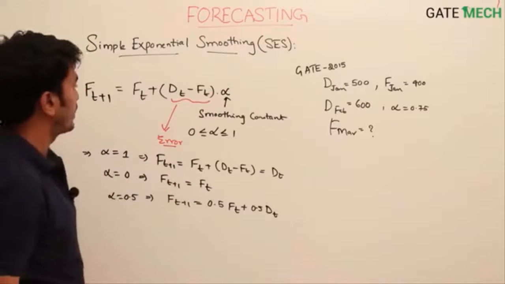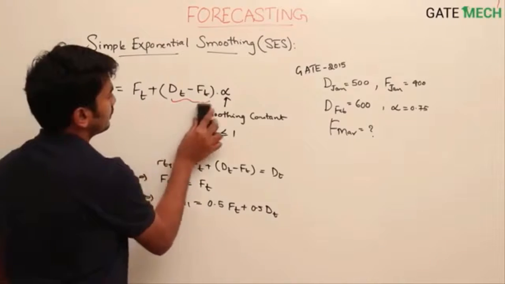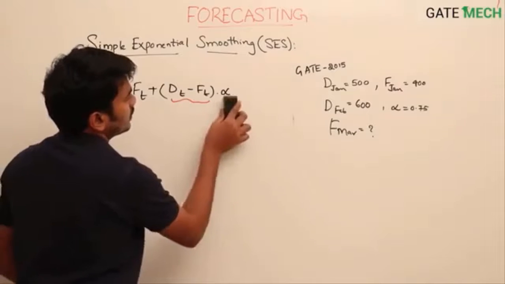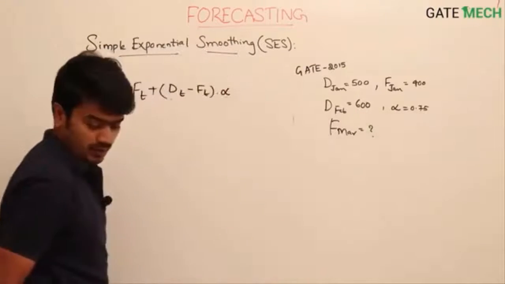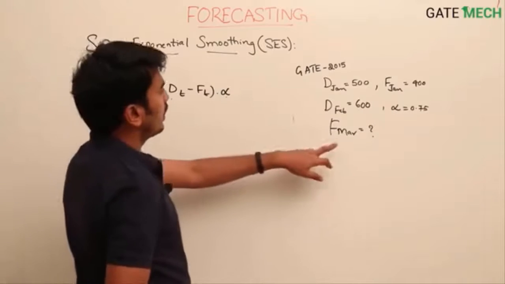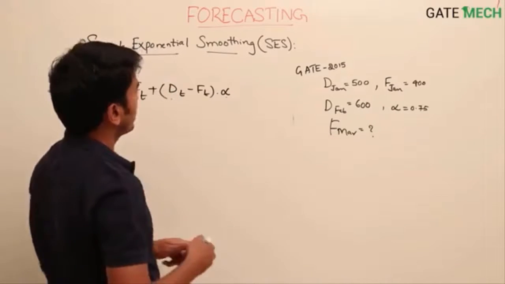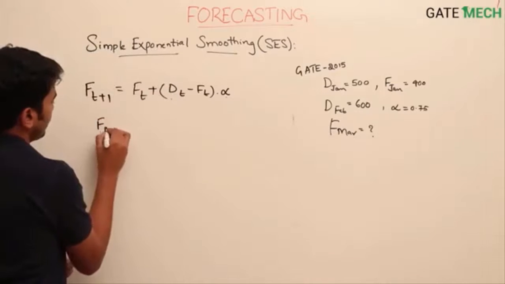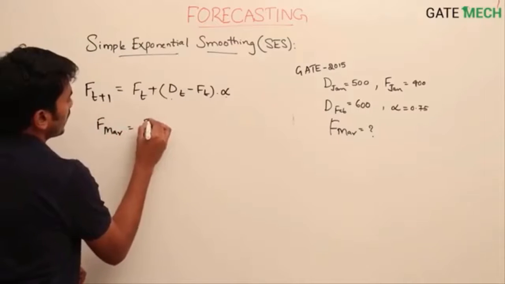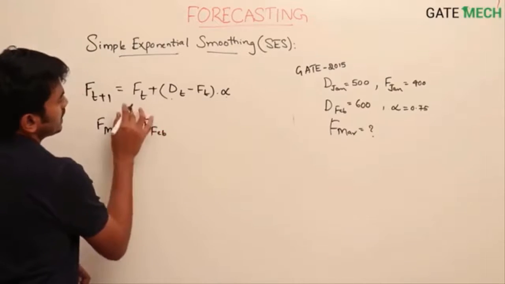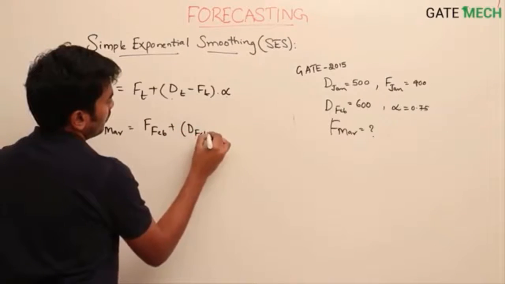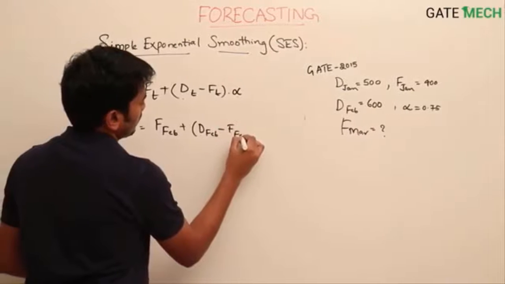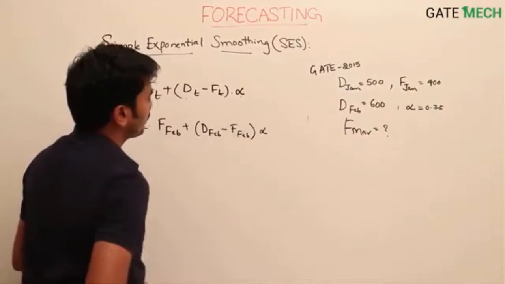So using the exponential smoothing method, because we have a smoothing constant as well, in order to find the forecast for March, we need the forecast for February as per this expression, plus the demand for February minus the forecast for February, into alpha.